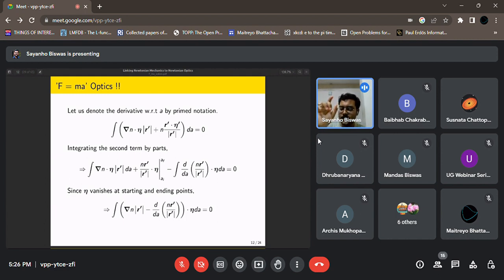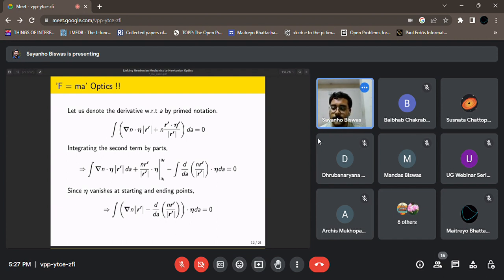I'm multiplying the eta vector with an infinitesimally small real quantity that gives me the infinitesimal variation from the stationary path that we want. Therefore, we should keep in mind that eta is in essence an arbitrary vector, with the only constraint on it being that it vanishes at the initial and the ending points.